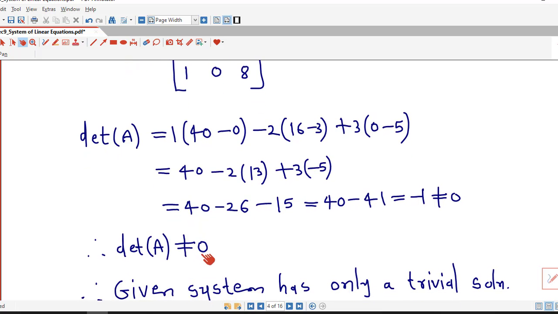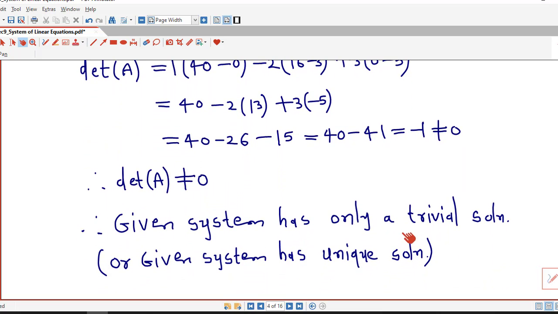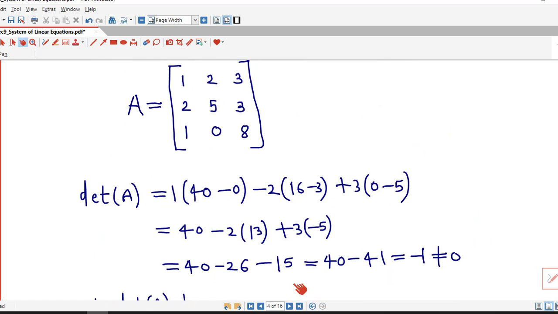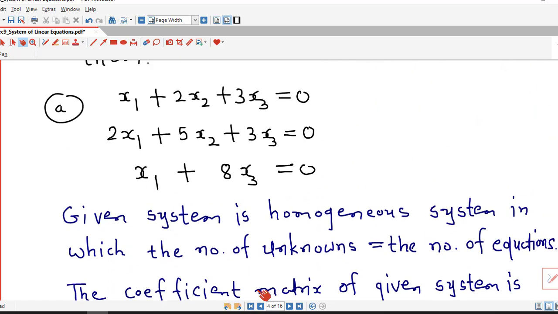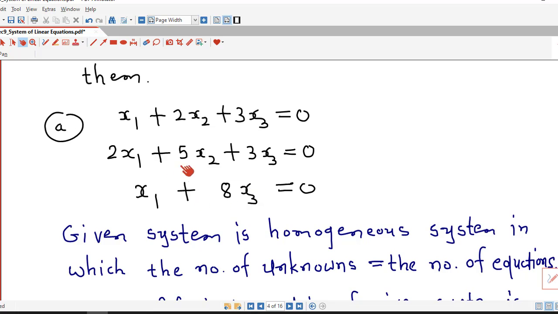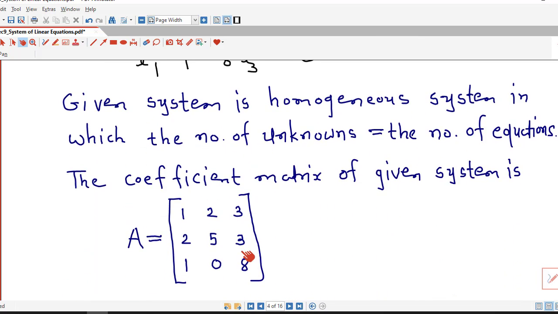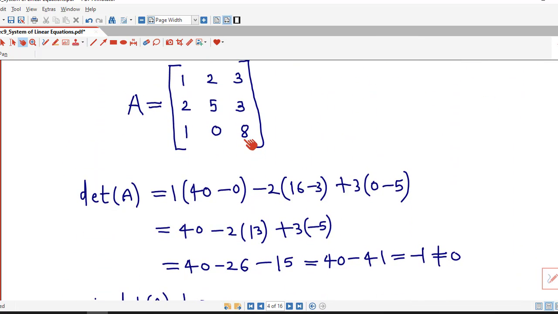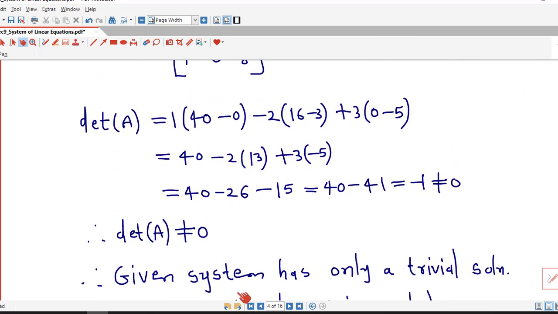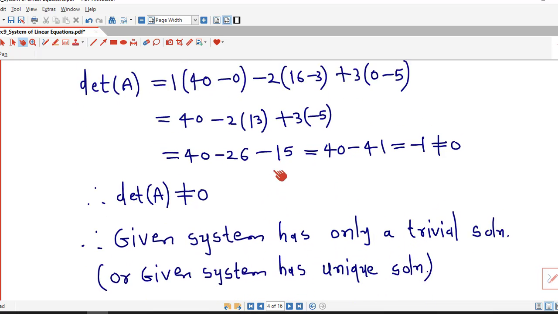Therefore the given system has only a trivial solution, or a unique solution. This is a very easy and useful criterion to decide the type of solution of a homogeneous linear system. It depends on the determinant of the coefficient matrix, and here it is non-zero. Therefore the given system has only a trivial solution.